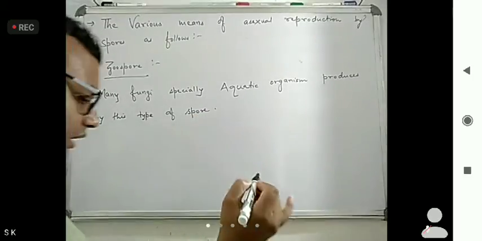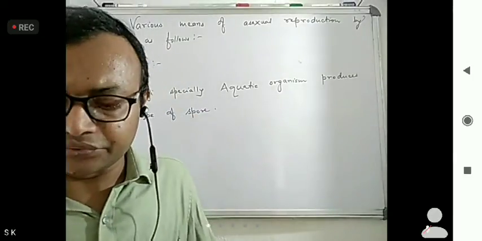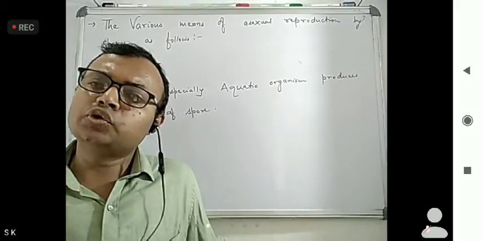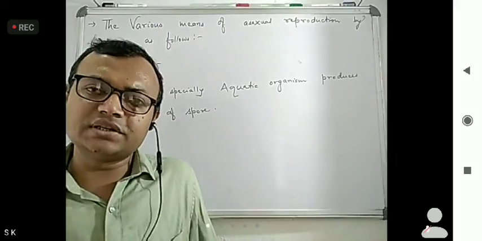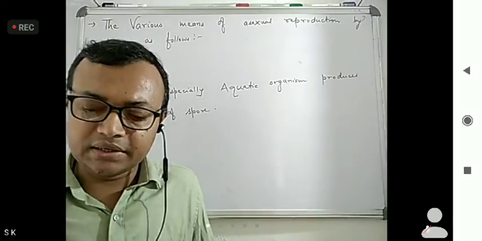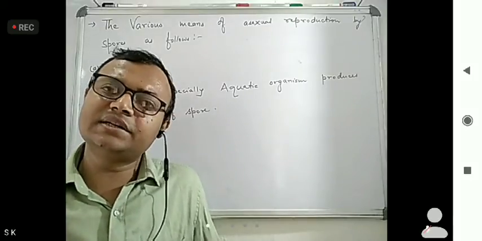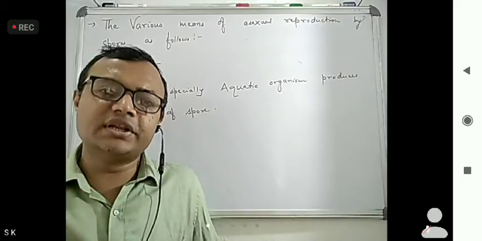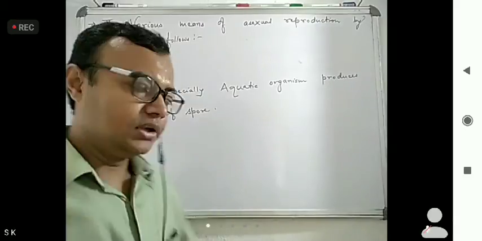Now, the zoospore may be either uniflagellate, meaning they contain one flagellum for movement, or biflagellate, meaning they have two flagella for movement.